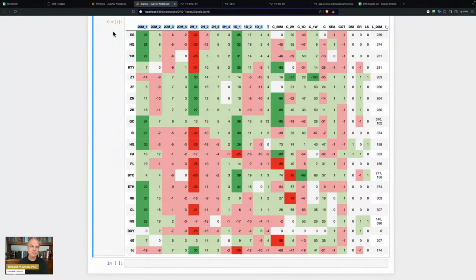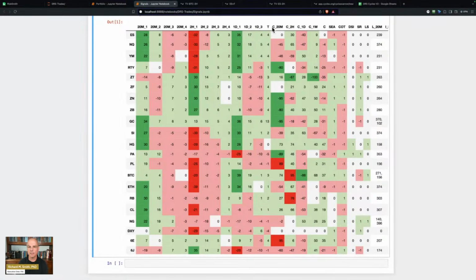So right now we see in equities, the S&P, the NASDAQ, the Dow, the Russell, we've got some bullishness in the 20-minute trends, a little bearishness in the 2-hour trends, but definitely still bullishness in the daily trends. Okay, so that's how this works.